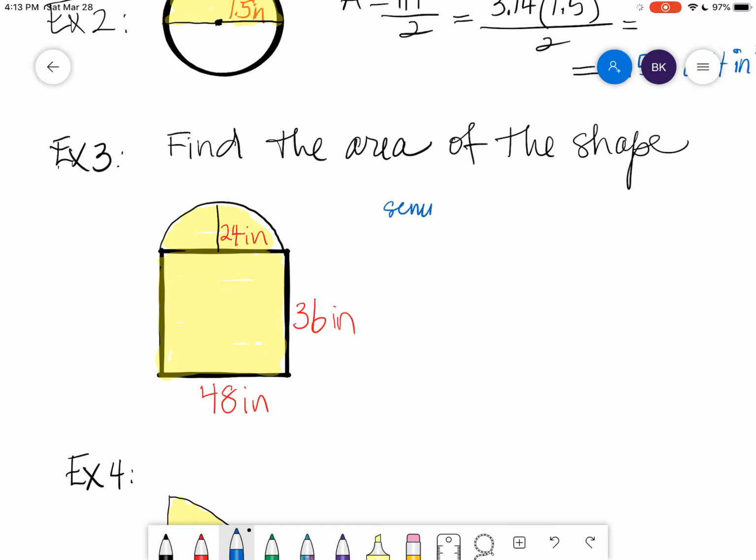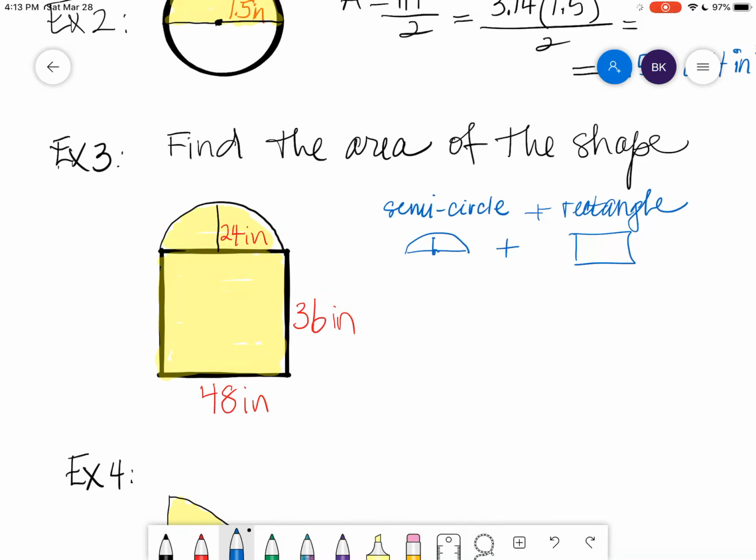We can say semicircle, and this would be just this part, and then plus the rectangle. Now we just have to find the areas separately and add them together.